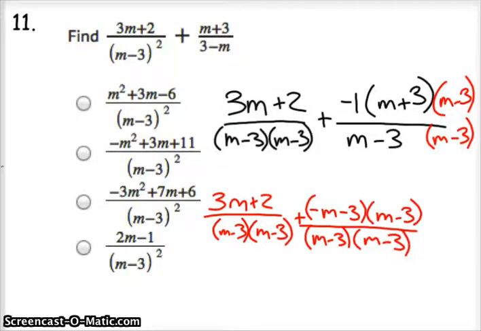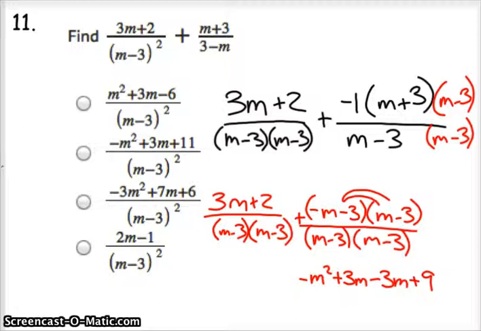In order to combine like terms, I'm going to have to FOIL here. And so my numerator on my right side becomes a -m times m, which is -m². -m times a -3 will be a positive 3m. And then going to my second term, I have -3 times m, which is a -3m. And then I'll have -3 times -3, which equals a positive 9.